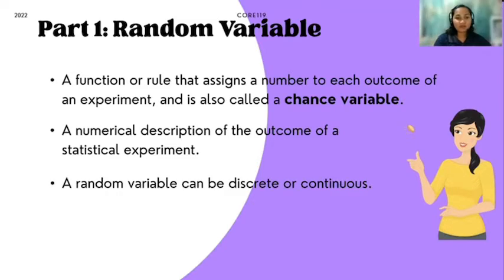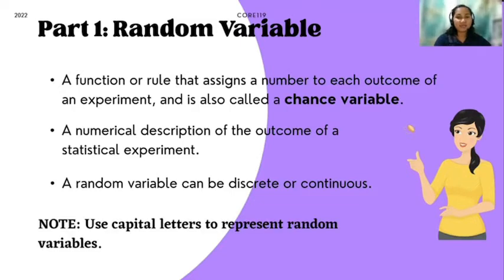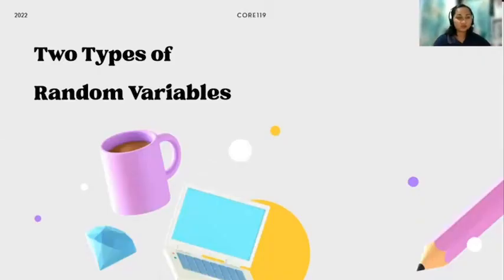Third, a random variable can be discrete or continuous. Later we are going to talk about discrete random variable and continuous random variable. Take note that when you're dealing with random variables, we use capital letters to represent them. Let's go to the two types of random variables.